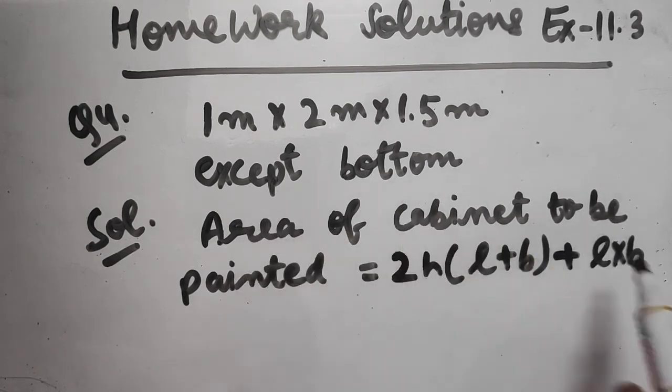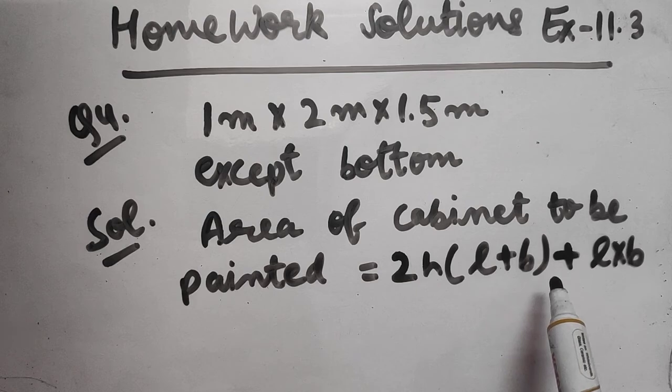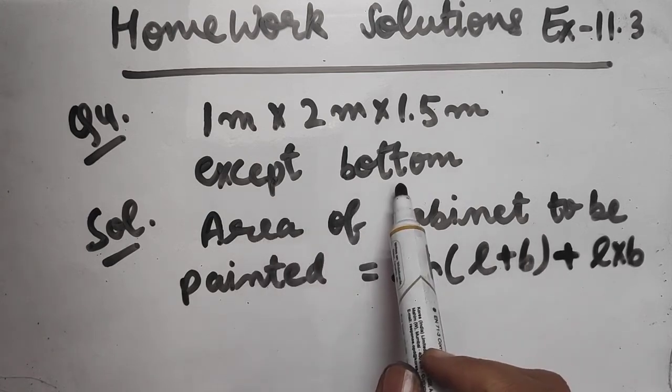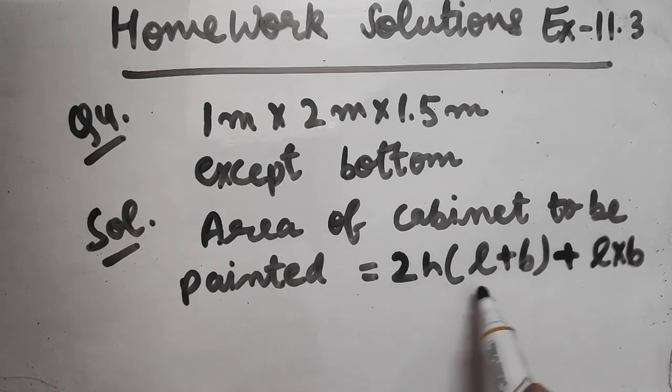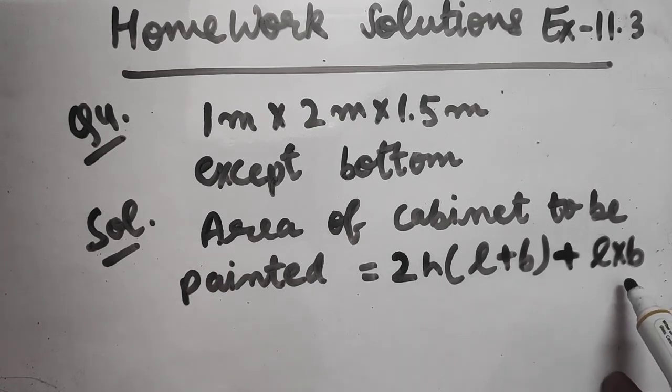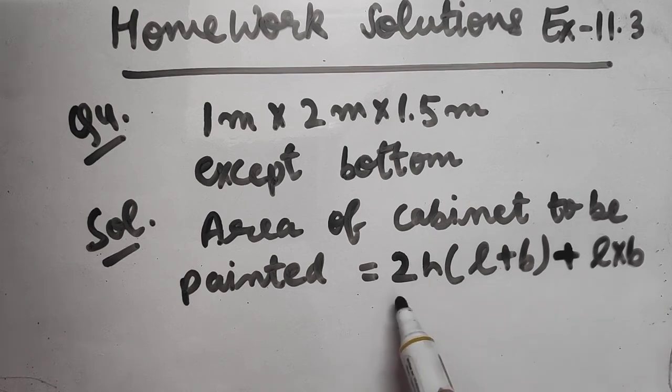We have not taken the total surface area in this. Why? Because we are supposed to leave the bottom area. So in the lateral surface area of the cuboid, we have added the area of the top surface. So 2h(l + b) plus l into b.